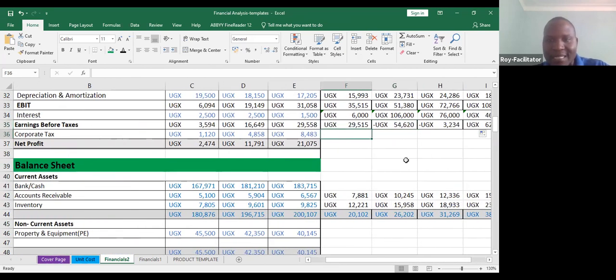Corporate tax. On tax, it's usually 30%. Ideally, under normal circumstances, you pay the tax when you make money. If you have not made money, you don't necessarily pay. But here I'm just going to use the same 30%. Remember, it's 30% of the earnings before taxes.